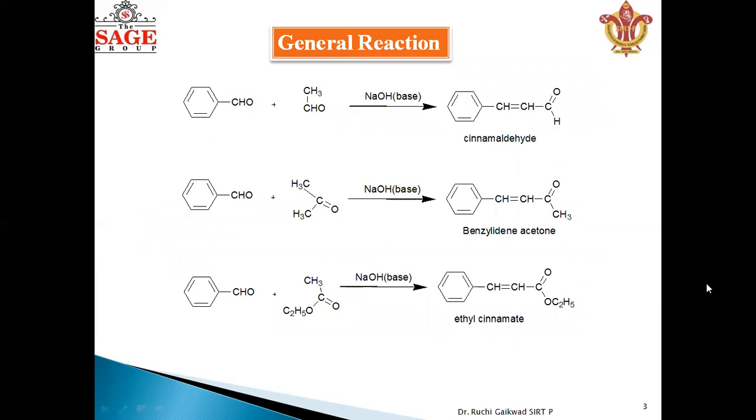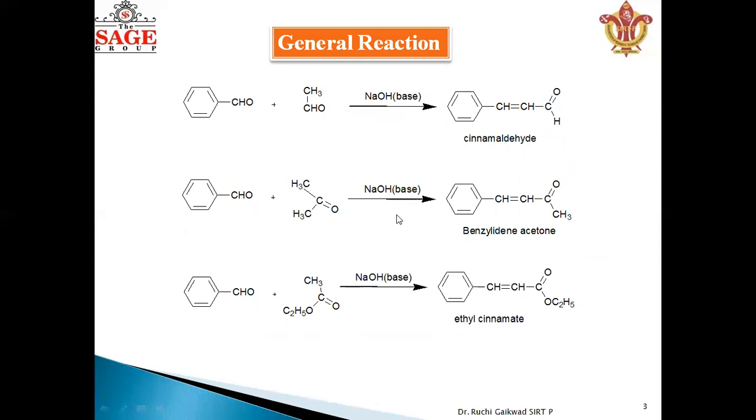What is the general reaction? As I have earlier discussed, we have to take the aromatic aldehyde with any aliphatic aldehyde, or the aliphatic ketone, or the aliphatic ester. As you can see here, there are three reactions. The first one is with the aliphatic aldehyde, the second one is the ketone, and the third one is the ester. In the first, we have taken the aliphatic aldehyde in the presence of a strong base, and it gives the alpha beta unsaturated compound, the cinnamaldehyde.